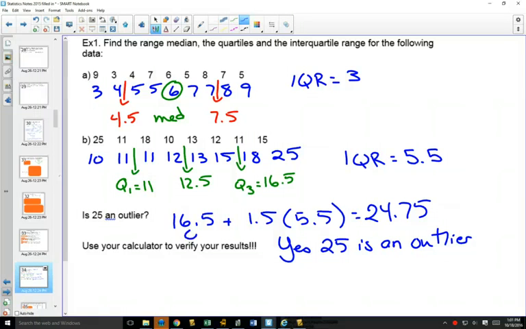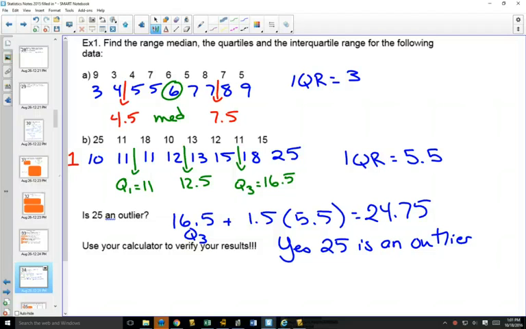I put this because this is quartile 3. So to find out if something is an outlier because it's too big, you'd go quartile 3 plus 1.5 times the interquartile range. If you were checking, let's say there was another data point here that was really small, like 1, and you're wondering, is 1 outside of my data?